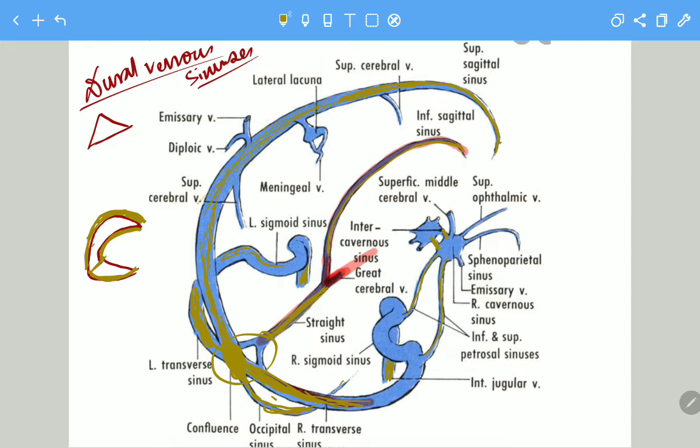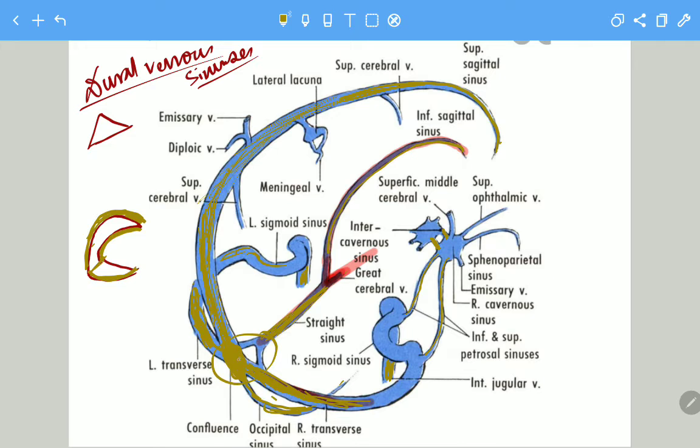The superior sagittal sinus and straight sinus converge at the confluence of sinuses, which lies adjacent to the internal occipital protuberance. If you remember the skull bone, inside there is the internal occipital protuberance where this confluence of sinuses lies.